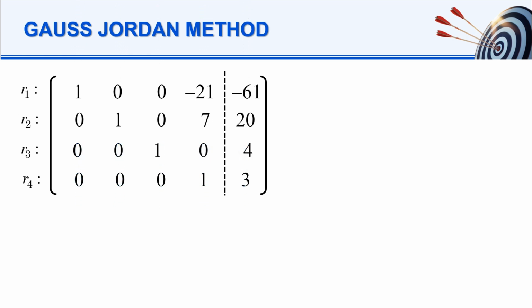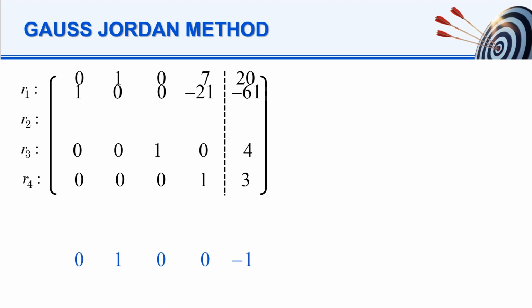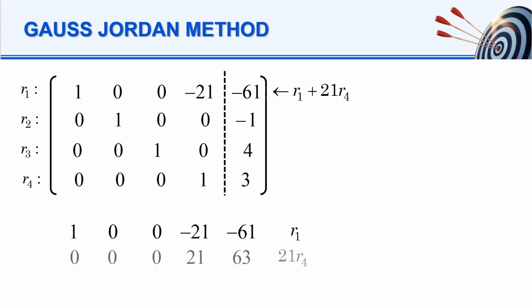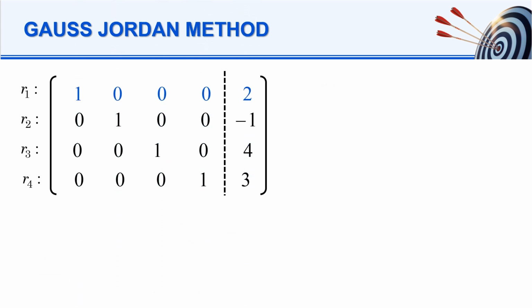To eliminate 7 in row 2, we add minus 7 times row 4 to row 2. The row 2 is replaced with the resulting row operation. Finally, the last row is multiplied with 21 and added to row 1, which eliminates the minus 21 in this row. And, lastly, the row operation is saved on the first row.